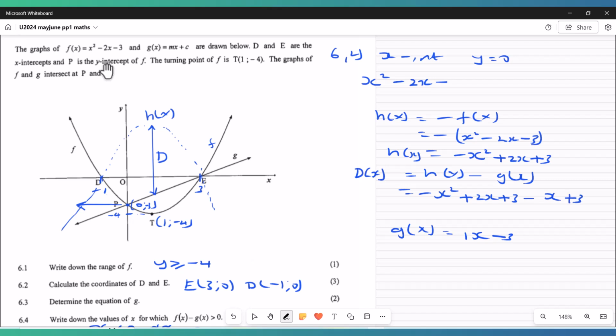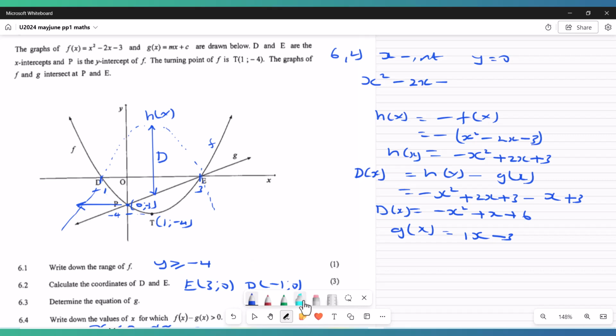So like terms here, we're going to have negative x squared. Now 2 minus 1 is going to be then plus x here, then plus 6. Okay, that's our distance in terms of x. Now to maximize it, we can differentiate, and then equate to 0.